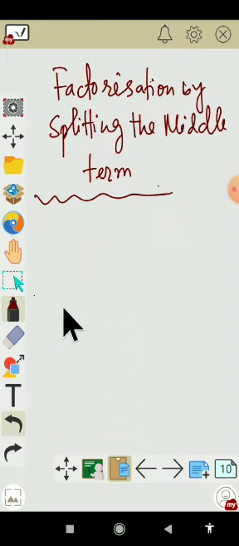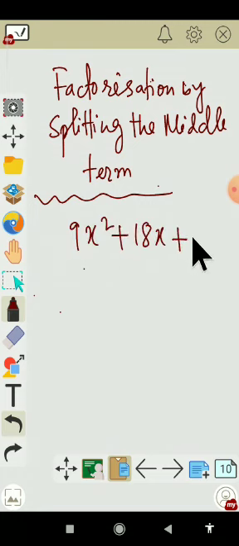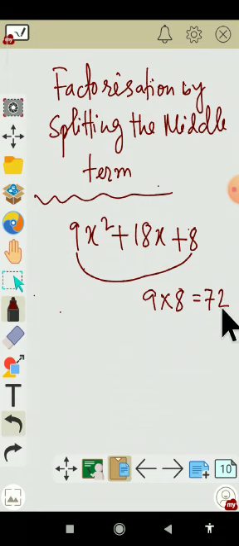First, suppose one question I am taking: 9x square plus 18x plus 8. So we have to multiply the coefficient of x square and the constant term. So multiply this, you will get 72.